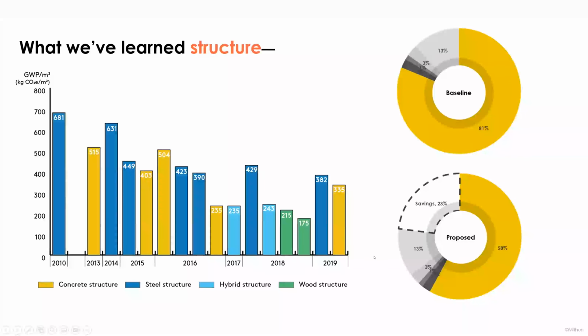So where we need to use concrete and steel, we will use concrete and steel, but where timber might be available, for example, as an above grade structure, combining those into a hybrid structural system type has really helped to reduce our embodied carbon.